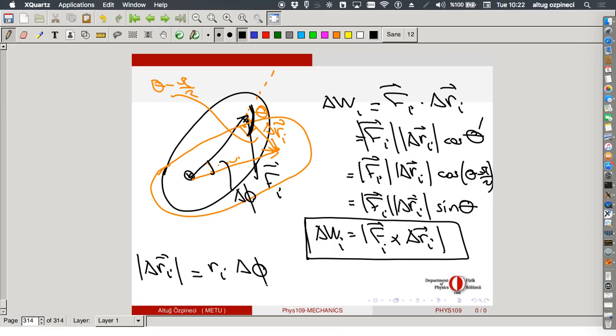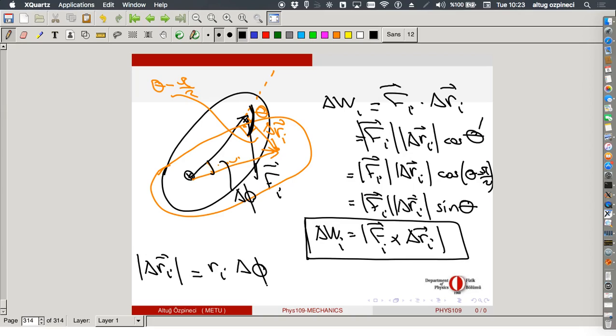So this delta Ri is perpendicular to Ri, which tells me that the angle between delta Ri and the force F is theta minus pi over 2, and the cosine of theta minus pi over 2 is just sine of theta. Now, any questions up to this point?